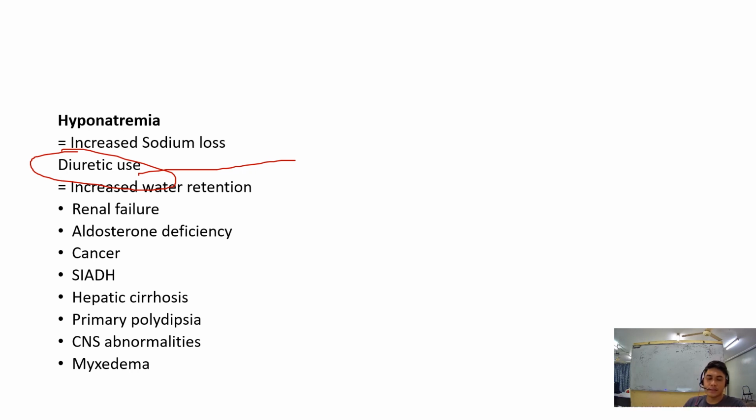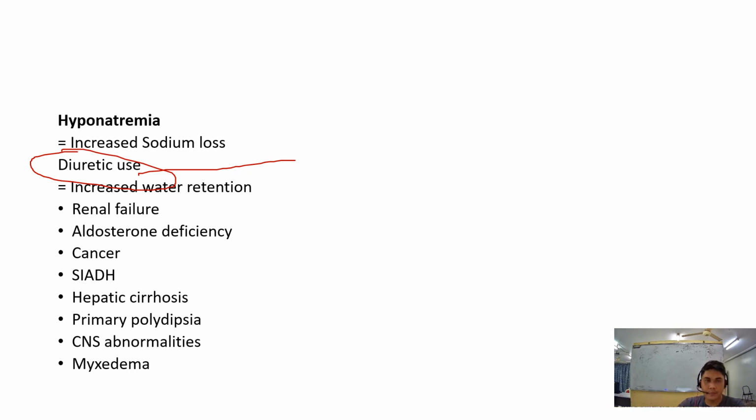Another is that a diuretic is an antagonist of aldosterone. Instead of promoting retention of sodium, aldosterone has no effect, so there's increased excretion or decreased retention of sodium. That's why there's increased sodium loss.